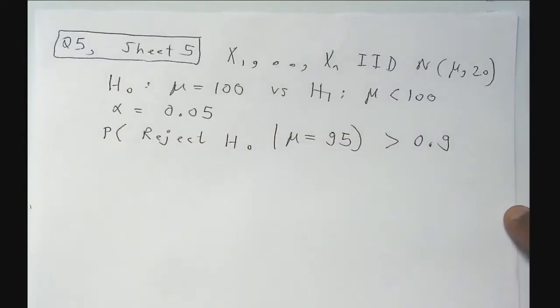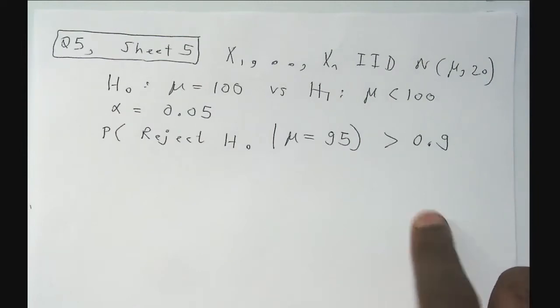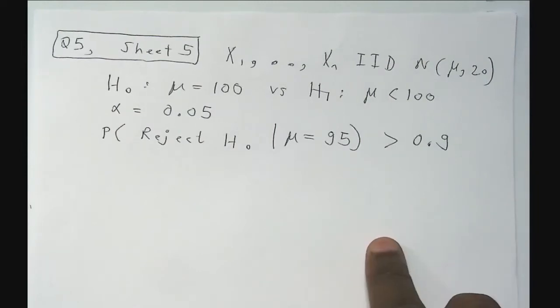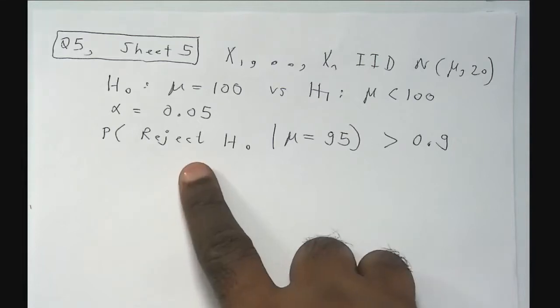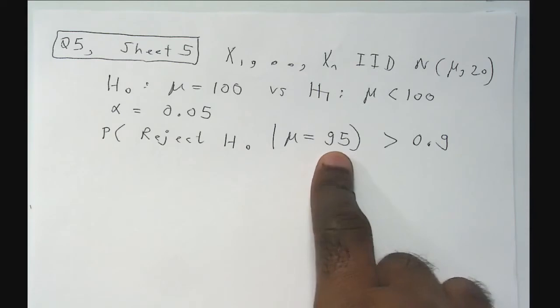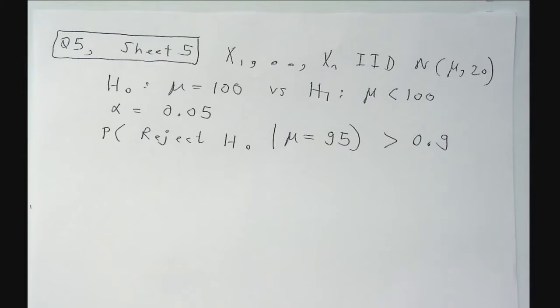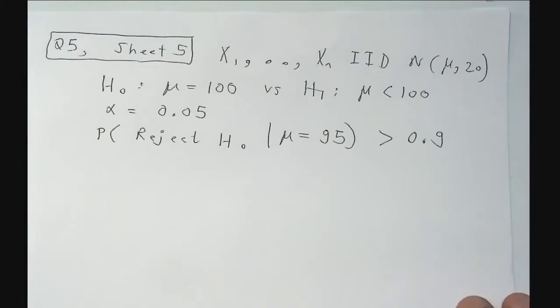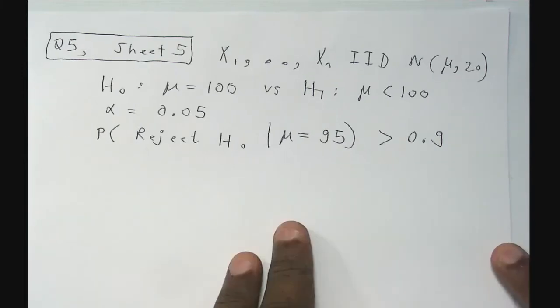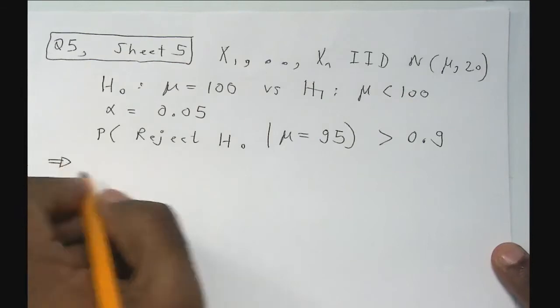So the question is to find the sample size n such that the probability of rejecting the null hypothesis when the true value of mu is 95 is at least 0.9. Okay? Maybe some of you already did this question. Anyway, if you haven't done it last week, let me show you how to do it.